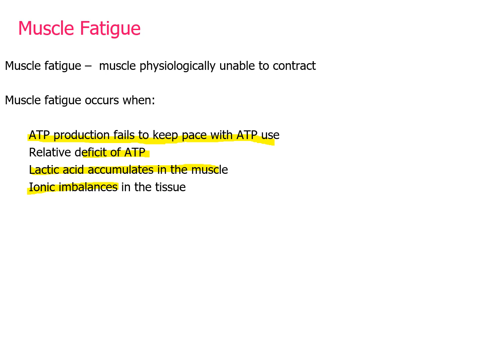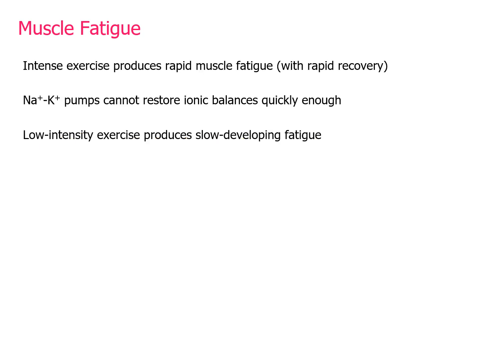The sodium potassium pump is operating on the basis of requiring energy, so that ATP deficit also causes ionic imbalances in the tissue, and the muscle starts to fatigue. It's slowing down in its ability to contract.